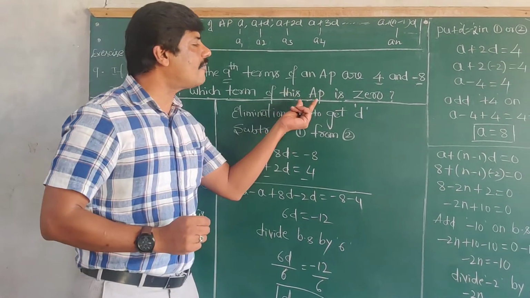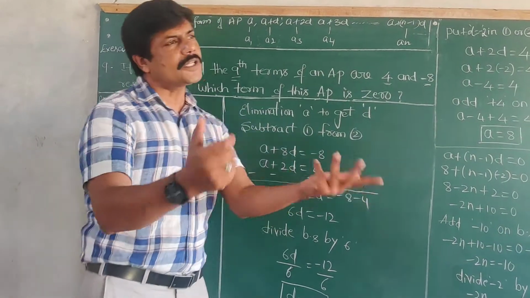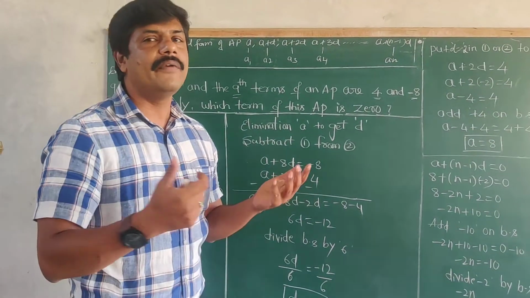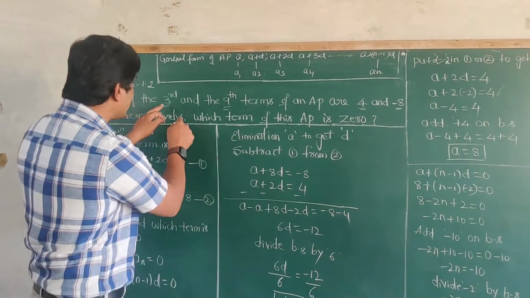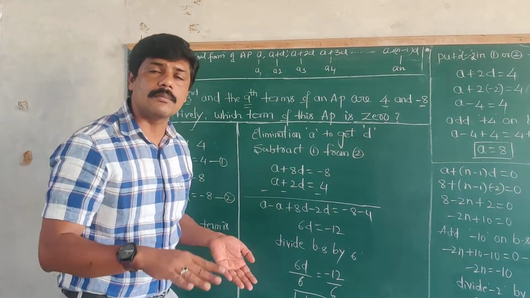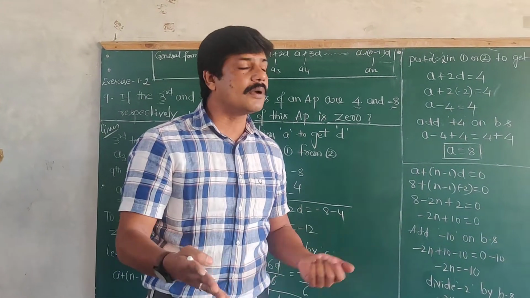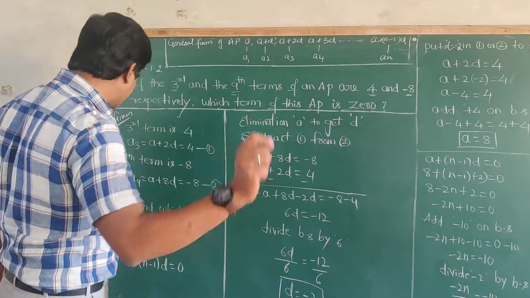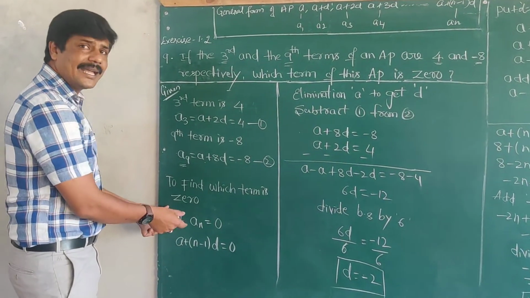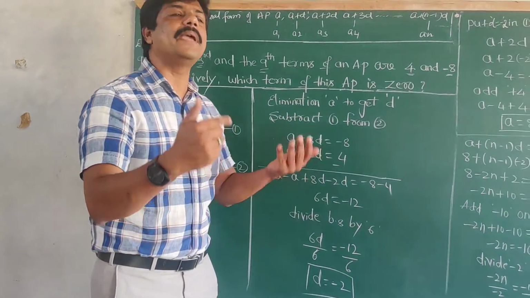Now, which term of this AP is 0? We do not know. Maybe the first term or second term, not the third term, because the third term is given. Maybe the fourth term or fifth term or sixth term or seventh term. Which term, we do not know. So we say, let the nth term of the AP be 0.